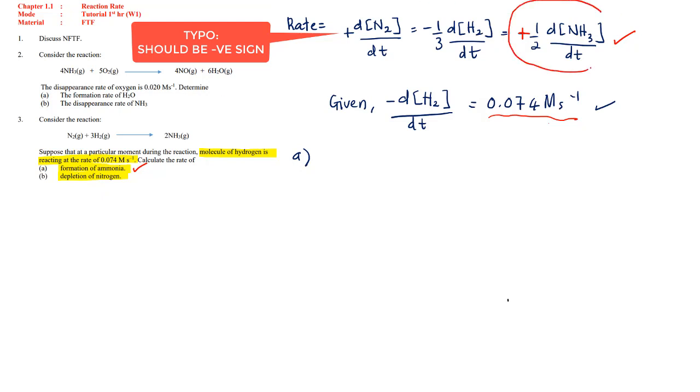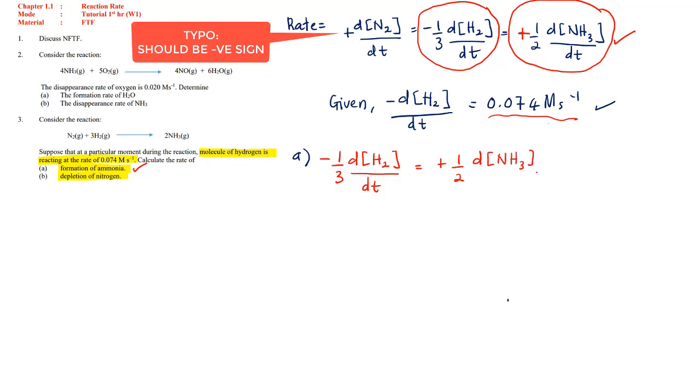Okay, so this is the rate of formation of ammonia from the differential rate equation, and this is the rate of disappearance of hydrogen gas from the differential rate equation. Okay, so we write here negative 1 over 3 d concentration of hydrogen gas over dt equals to positive 1 over 2 the concentration of ammonia over dt.